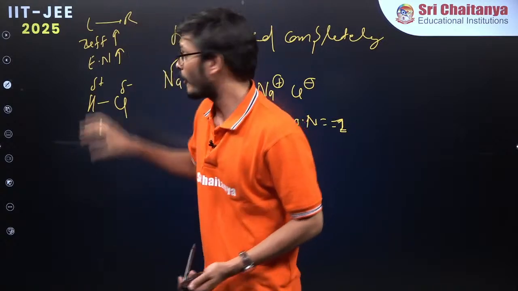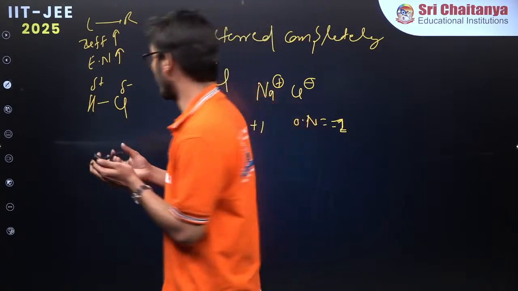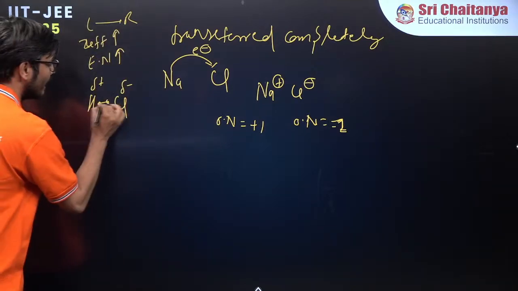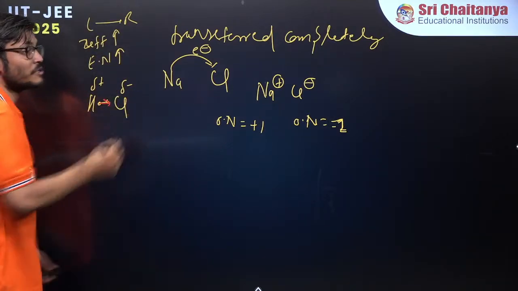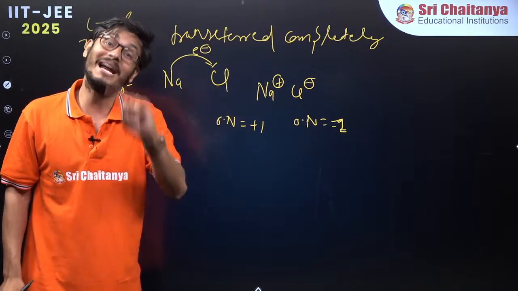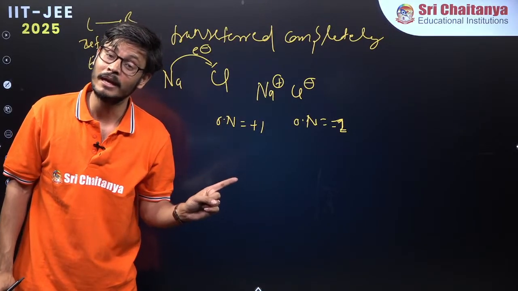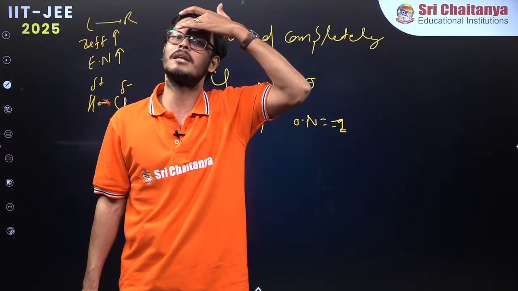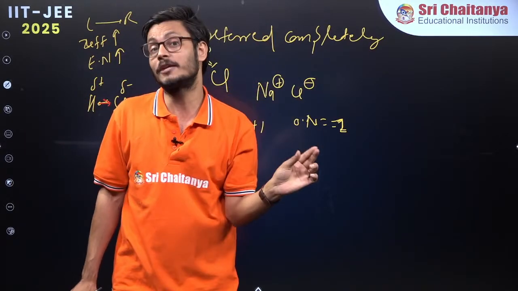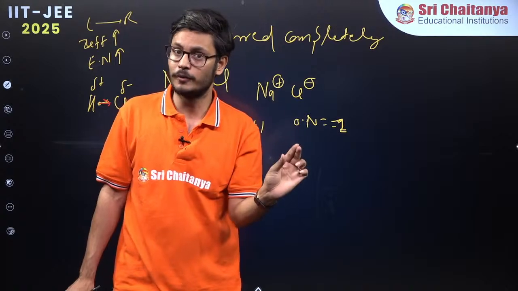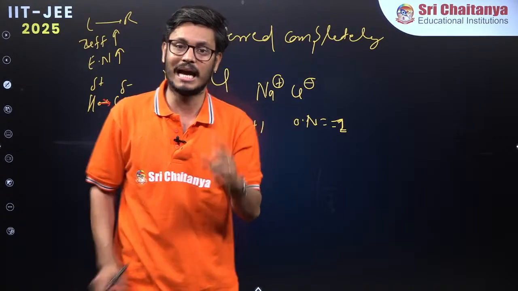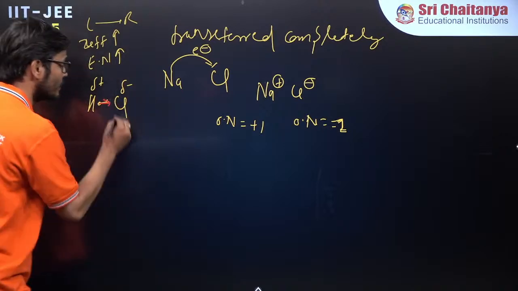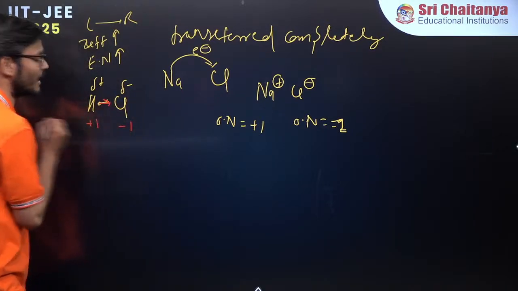Although the electron has not been transferred completely, it has definitely moved in the direction of chlorine, partially. So that is the concept of oxidation number. Oxidation state does not mean there should be complete transfer. Even if there is partial transfer, whatever charge occurs, we take that. Because there is a single bond, this will be -1 and this will be +1.